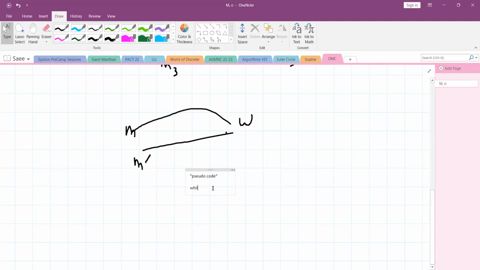So the pseudocode for this is: while there is a free man, let's say M, M proposes to the highest preference, let's say W, whom he hasn't proposed to yet.